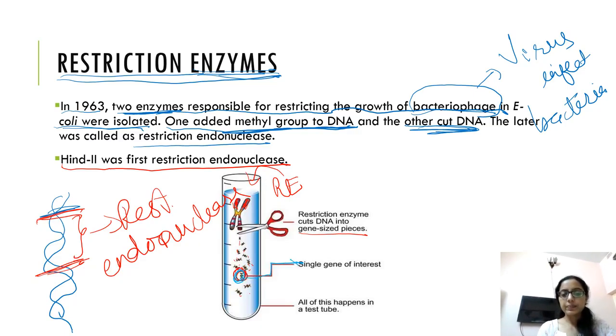This is the desired gene, called the gene of interest, which has a specific function, and this is selected for introducing into the host. That is the purpose of cutting the DNA, so that we can isolate the gene of interest. This can be done by a restriction enzyme.